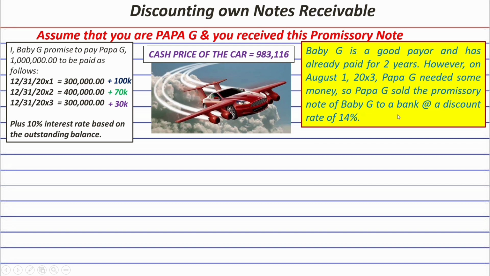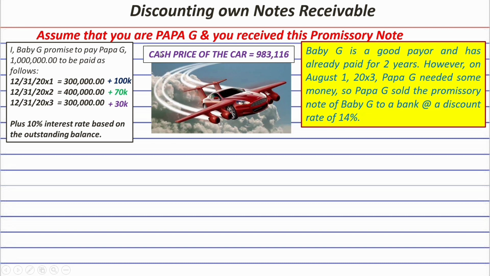Because again, the burden of collection is already in the hands of the buyer. And, of course, the buyer is a businessman, which is why you as Papa G will be paid. But that payment is already discounted. Okay? That is why there is a discount rate here. So that's the whole illustration.